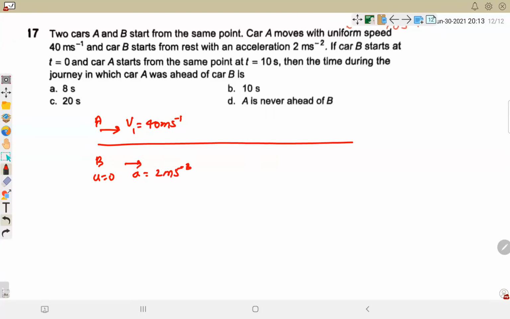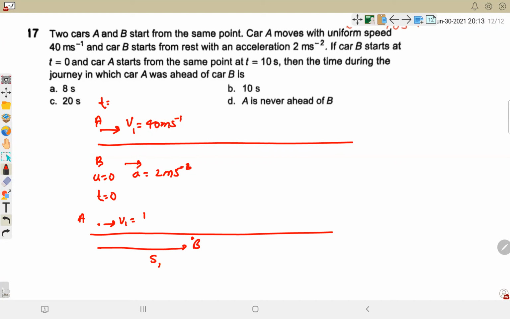If car B starts at time t is equal to 0 and car A starts from the same point after time t is equal to 10 seconds, then car B has already covered some distance when car A is starting with a speed of 40 meter per second. Then we need the time during the journey in which car A was ahead of B.